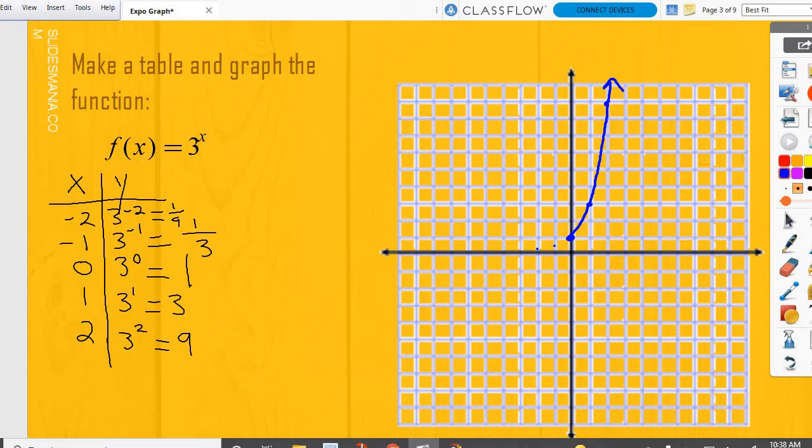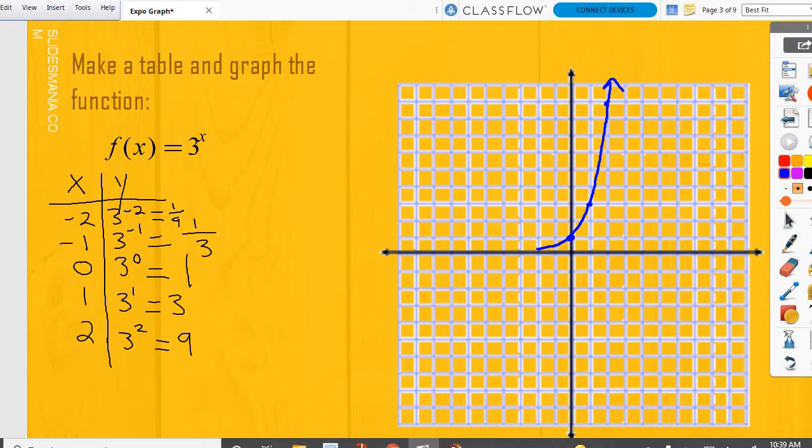Now, what's happening on the left side of my graph? Exponential decay. So as I get more and more negative numbers, like if I plugged in -10, what type of number would that give me? It's very small.